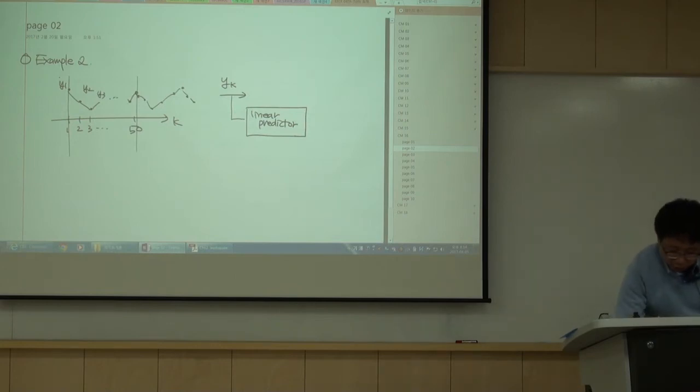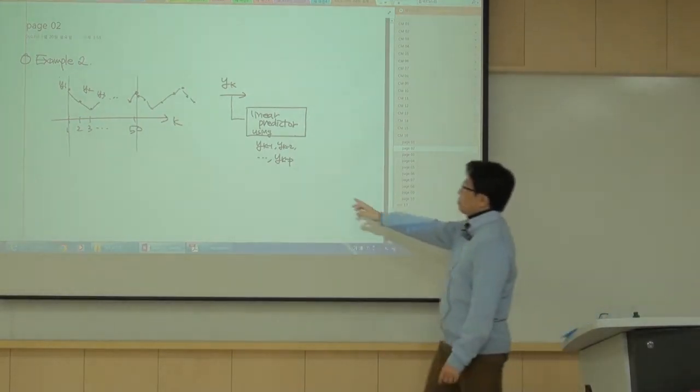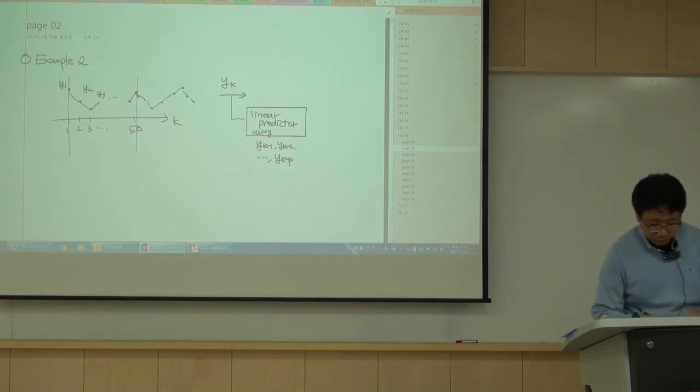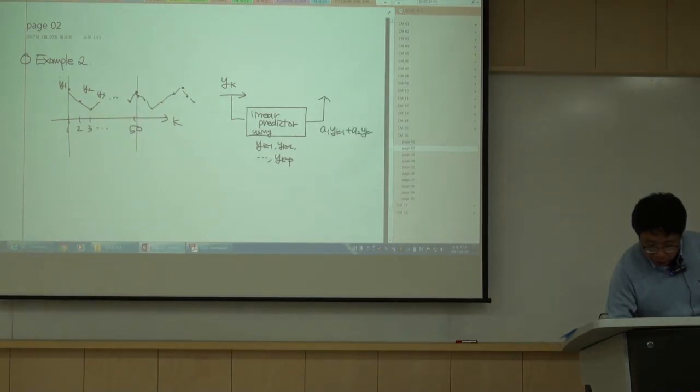So you want to use y_{k-1}, y_{k-2}, ..., y_{k-p} for some finite p. Now, a linear predictor means that its output is some a1 y_{k-1} + a2 y_{k-2} + ... + ap y_{k-p}.